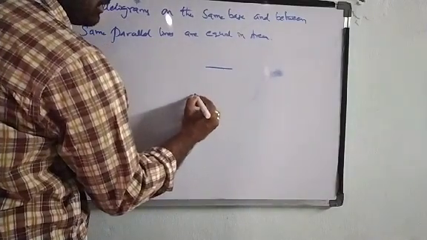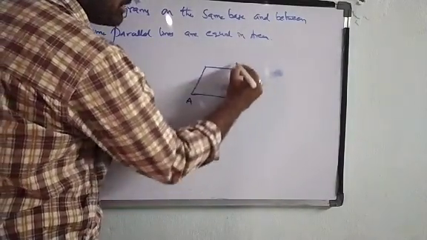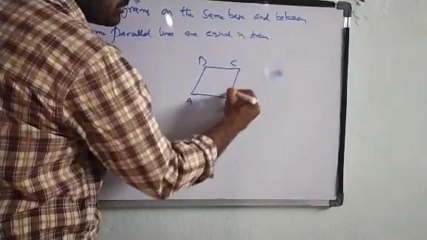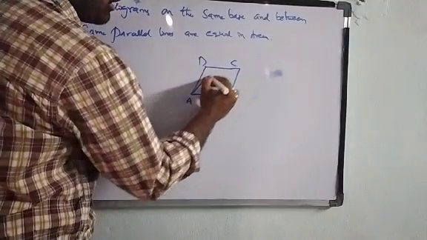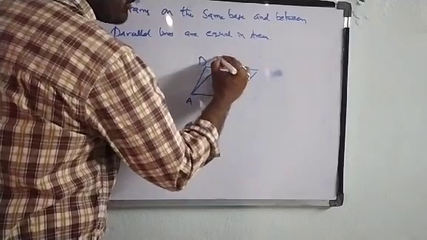It means that let us take two parallelograms, ABCD and another parallelogram ABFE.